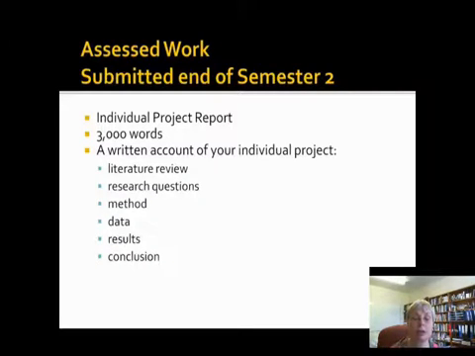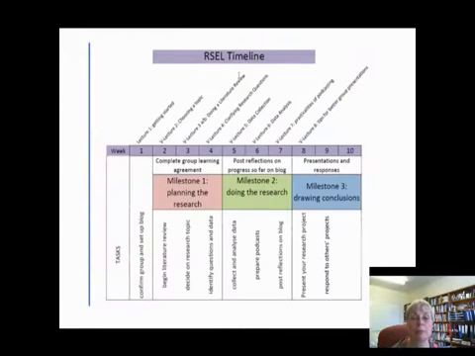What you've read, what your questions are, how you've investigated the research, the study, how you've done it, what your data is, what the results are, what the conclusion is. There's a lot more about this in the textbook and on the wiki, and I'll be adding to the wiki, of course, during semester 1, so that you've got more to go on in semester 2 as well.